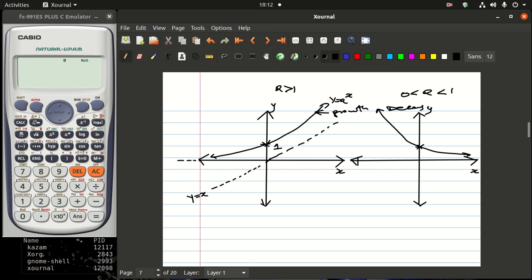This point here, which is a y-intercept, will become an x-intercept there. This horizontal asymptote will become a vertical asymptote. This one is when y is equal to 0, it will become a vertical asymptote at x is equal to 0. So this curve is not supposed to touch this vertical asymptote, and is supposed to go on like that.